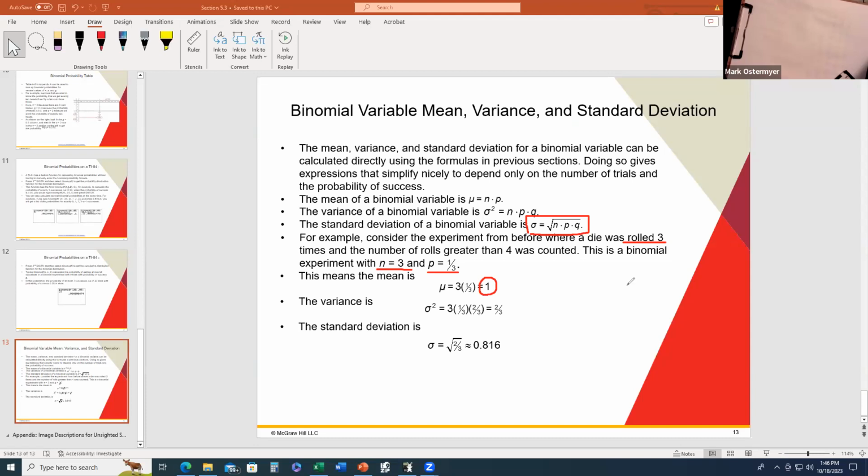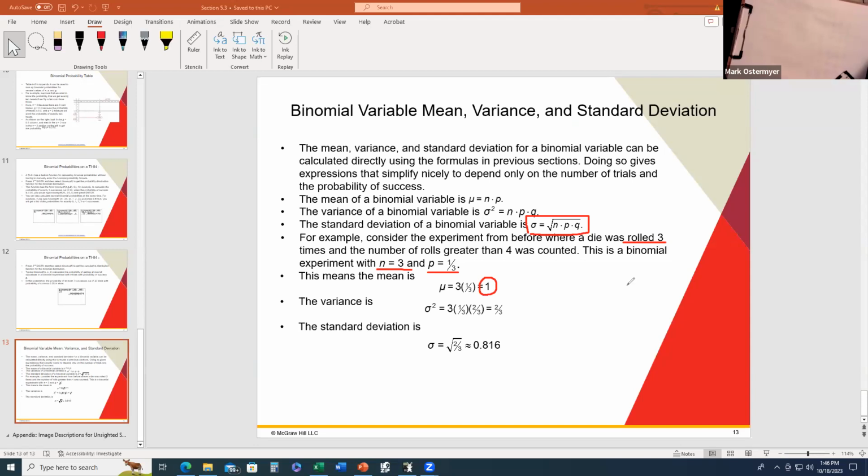Meaning on average, we would expect when we roll this die 3 times to have 1 success. We would expect to roll 1 face that's greater than 4. That's the mean or the expected value of the random variable for this particular binomial experiment of rolling the die.